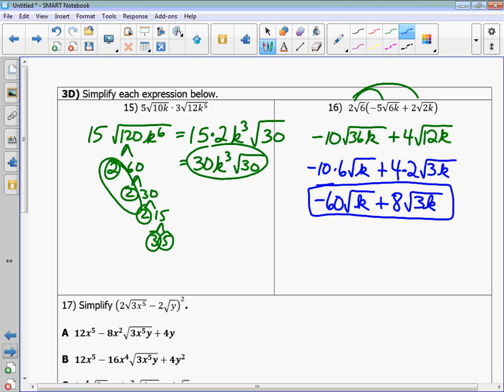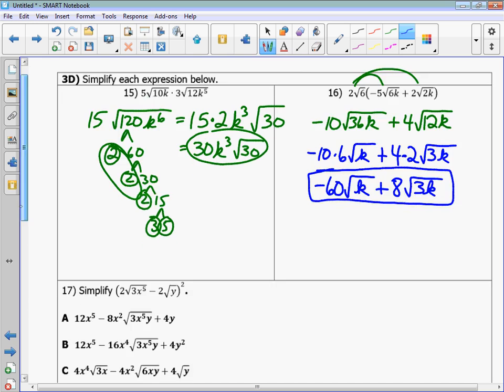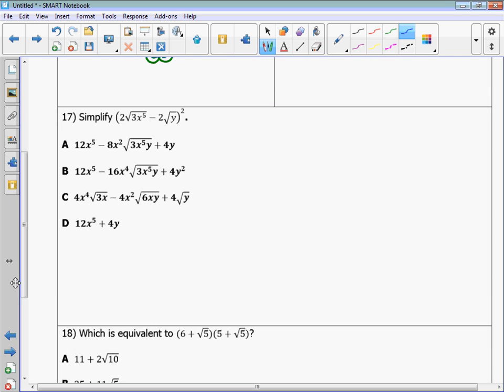Number 17. We haven't talked much about this, but you have a binomial squared. Squared means times itself. So you have 2 times the square root of 3x to the 5th minus 2 times the square root of y, all squared.